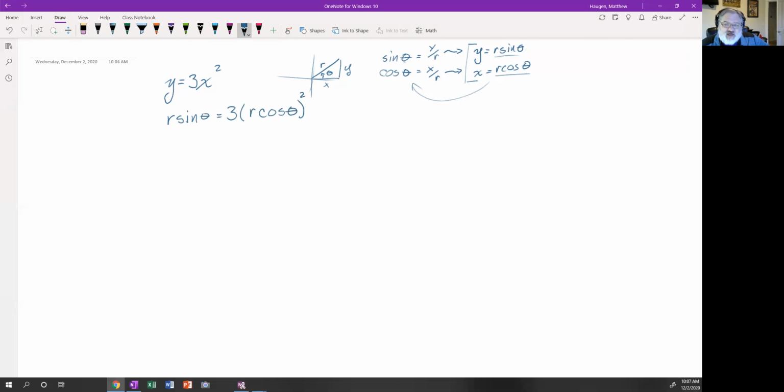Now, as soon as we do that, this equation is now in r's and thetas. So it's technically at this point in a polar form.